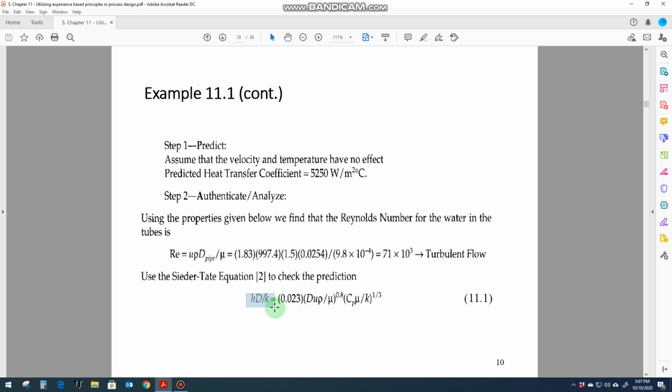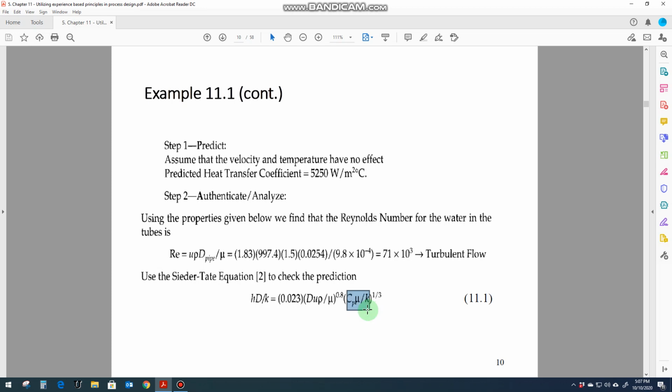This equation, the Dittus-Boelter equation, is equal to 0.023 times the Reynolds number, rho u D by mu, times the factor Cp mu by k, which represents the Prandtl number.